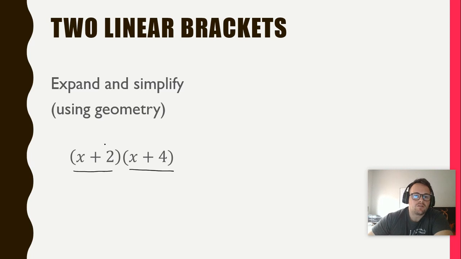First of all, let's look at this term, x plus 2. Let's imagine a length that's from here till there is x centimeters long, and from here till there it's 2 centimeters long. It's obviously not accurate.